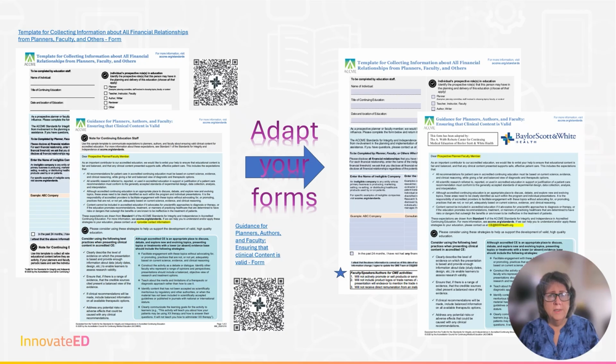It's important to note that ACCME requires certain elements in your collection process: the correct ACCME definition of an ineligible company, and the time frame for the disclosure, which in this case is the past 24 months. This approach not only maintains transparency and compliance, but also creates a clear audit trail for your activities.